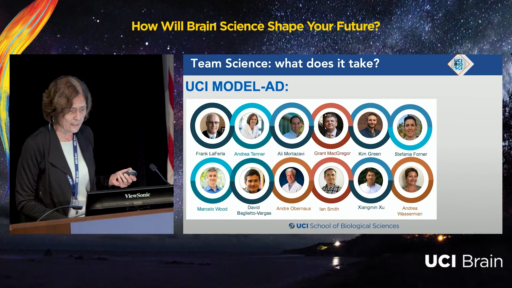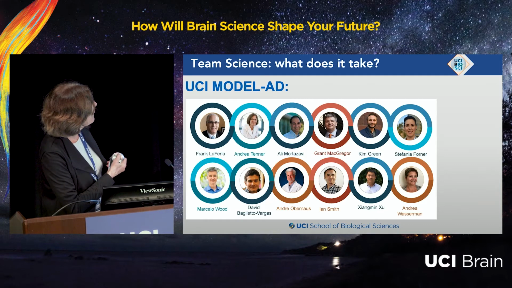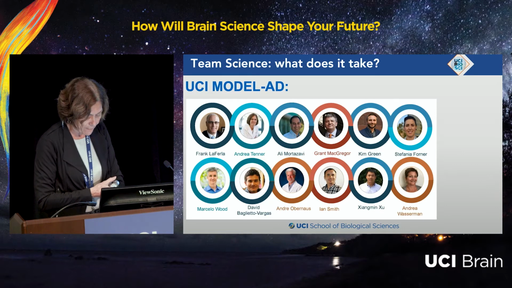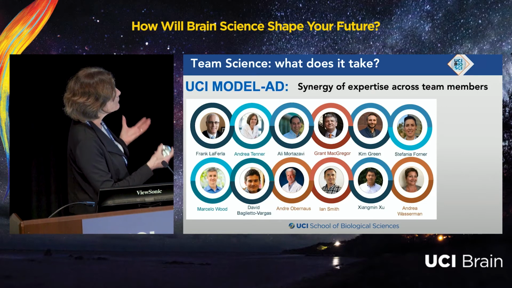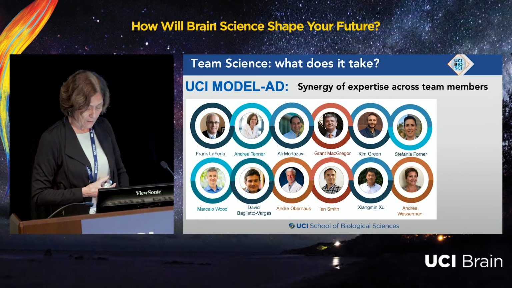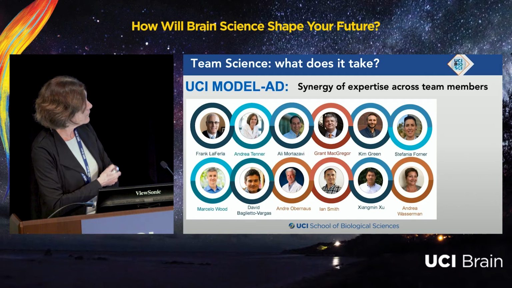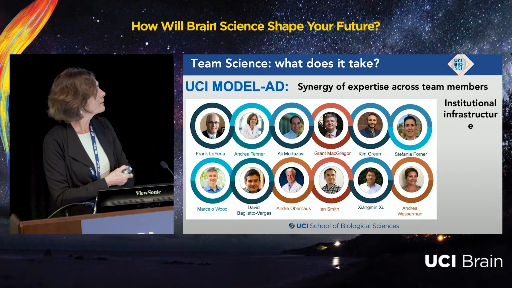So what does it take for this? This is our core team, so to speak. Frank LaFerla is co-director with me on this whole thing, but we really need a synergy of these different expertise across these different team members, and they all have different capabilities. Institutional infrastructure, like a computer.